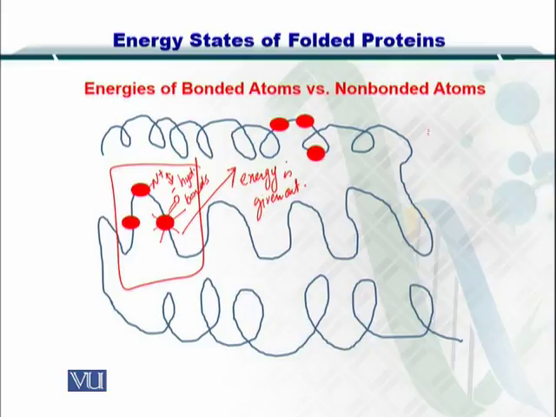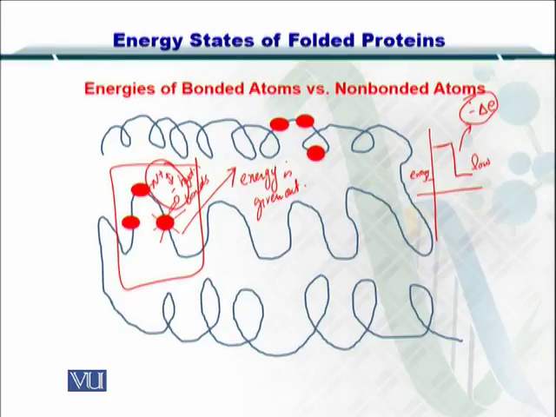So if your protein structure had this much energy initially, after the formation of this hydrogen bond, the energy is lowered. So the energy given out is given by a negative number.